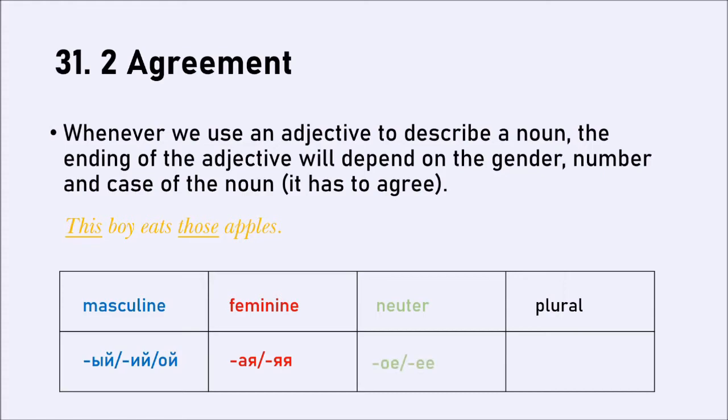For neuter, it will be oye or yeye. And finally, for plural, it will be iye or iye. Okay? Those are all the endings that we use. There are no other endings for adjectives in Russian. They're all here presented in front of you. The question is now, how do we decide which ones to use? We'll see that in a second.